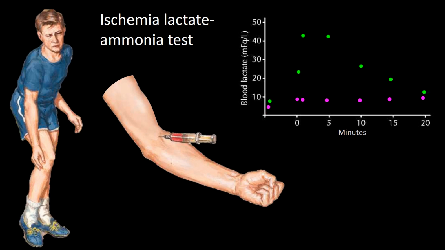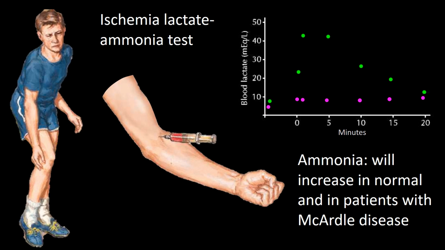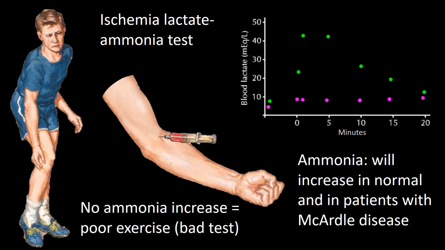Normal controls usually have an elevation maximal between 1 and 5 minutes followed by progressive decline, as shown in this chart by the green dots. Ammonia levels drawn simultaneously will be increased in controls and in patients with McArdle disease. The trend will be similar to the trend for lactate, as shown by the green dots.